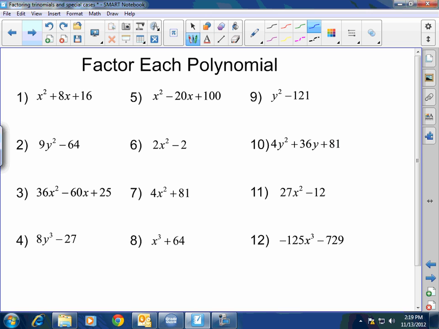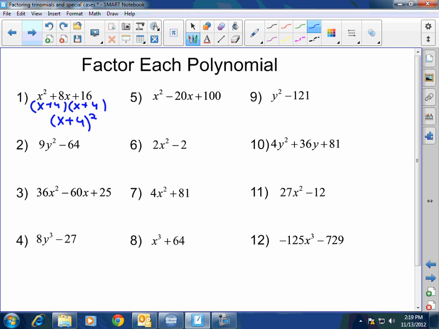Okay. Factor each polynomial. Can anyone here recognize that this is a perfect square? If you didn't, let me show you how I would have done it. x, x. What times what is 16 and added together is 8? Plus 4, plus 4. So this is x plus 4 squared.